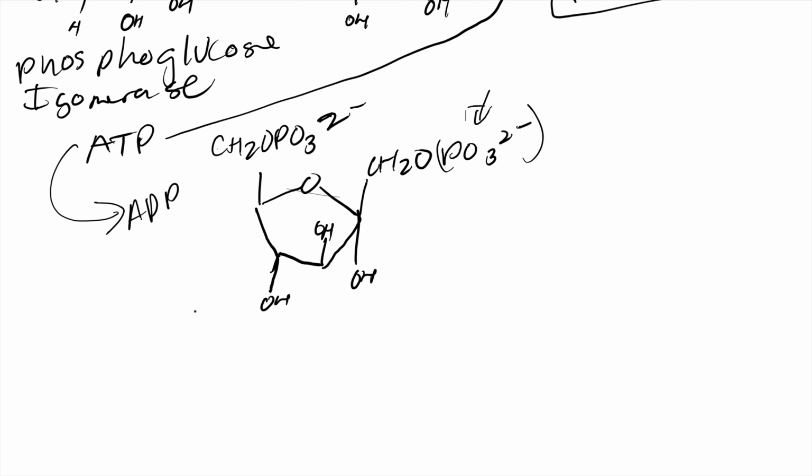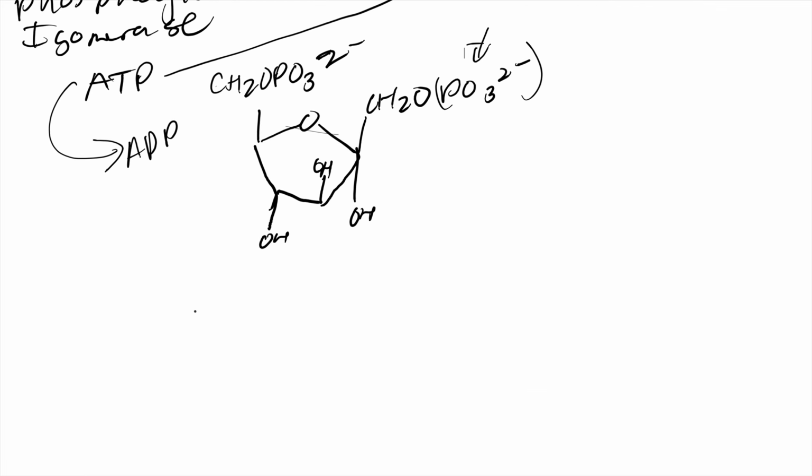Now that we're here, we're going to unfold this into what is called a Fischer projection. And how that happens is the enzyme comes and it actually cuts this bond about right here.